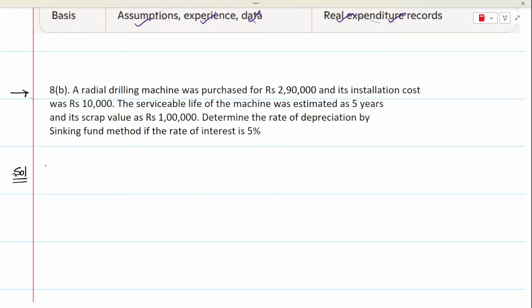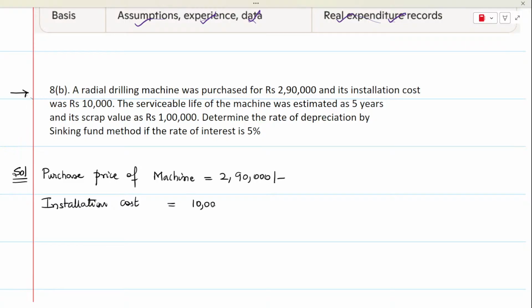So, first is to put the purchase price of machine, which is equal to 2,90,000. Installation cost is 10,000 rupees.